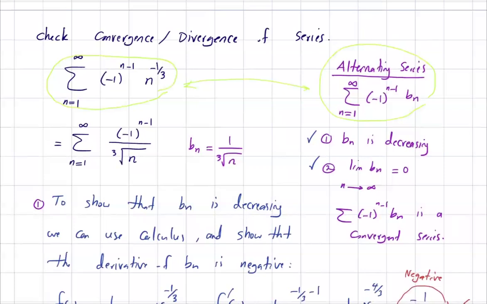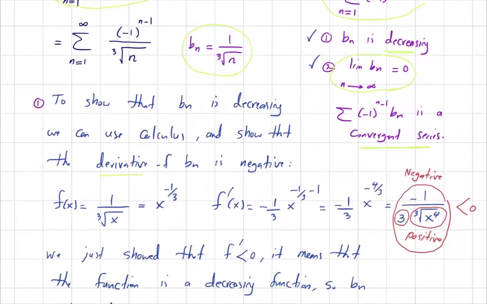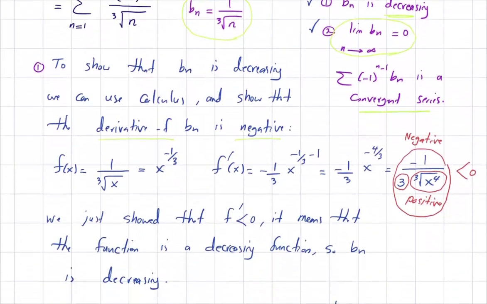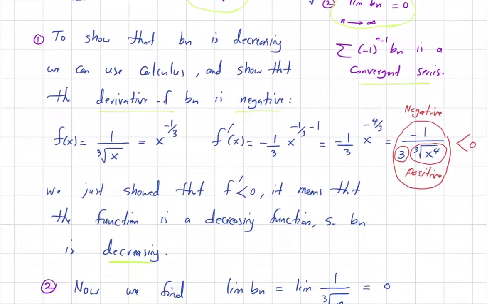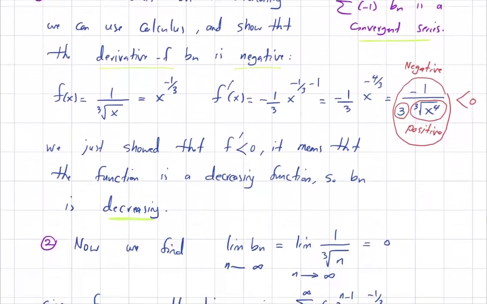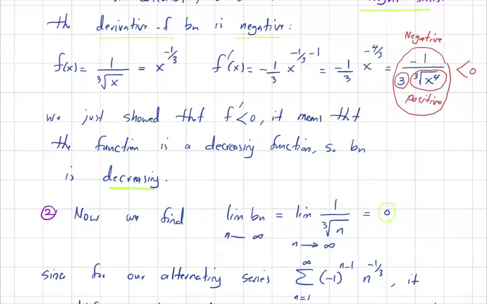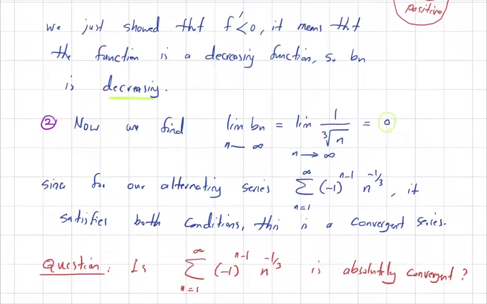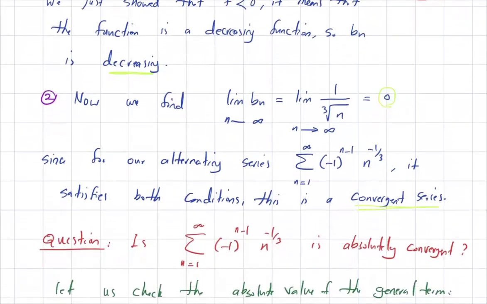For the alternating series, if bn is decreasing and the limit of bn as n goes to infinity is equal to 0, you can say that the series is a convergent series. bn is 1 divided by the third root of n. We just showed that the derivative of bn is negative. It means that our bn is decreasing. So the first condition is met. We showed that the limit of bn is equal to 0, so the second condition is met as well. Since both conditions are met, it means that you have a convergent series.